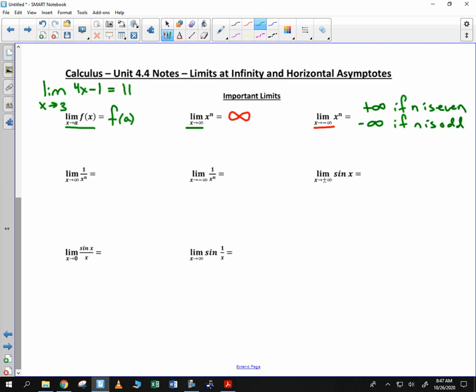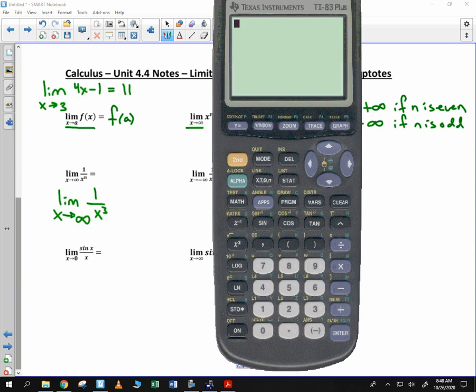Now, suppose we put n in the denominator. Suppose we're looking at an example like the limit as x tends towards infinity of 1 over x to the third. If you would grab your calculator, I'm showing you multiple ways to consider this, a graphical approach using a table.